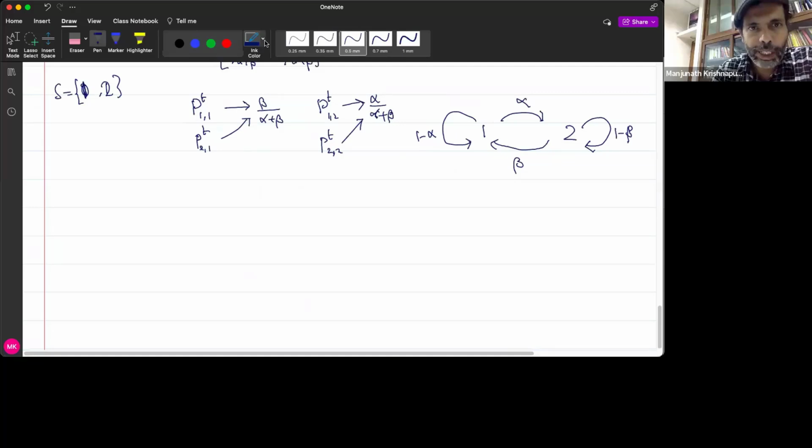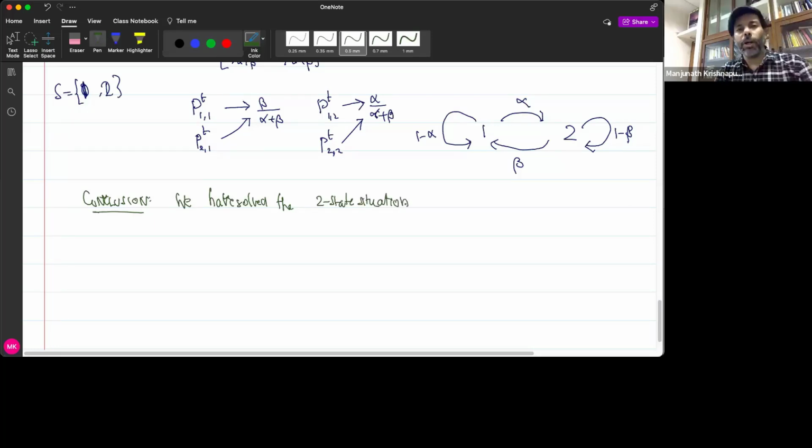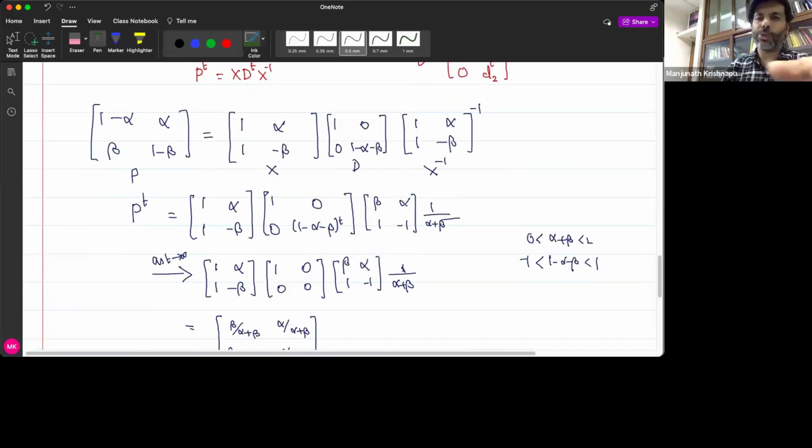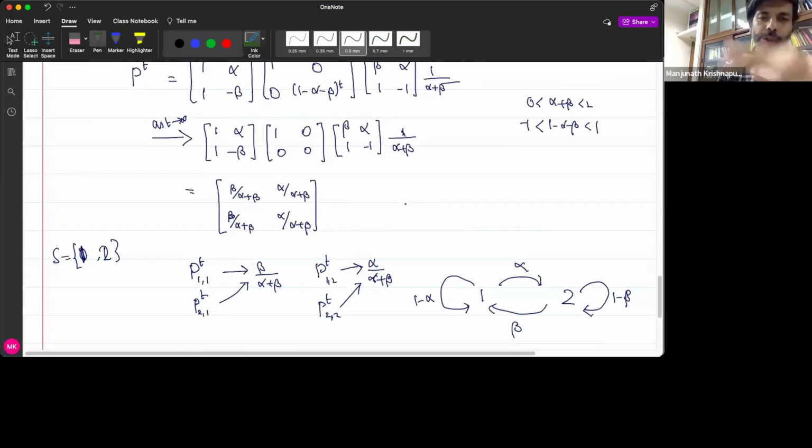To summarize, it's 106. I will stop now in a minute. The conclusion is we have solved the 2 by 2 case. The two-state situation we have completely solved, because the other cases, when alpha and beta can be 0, you can work out.